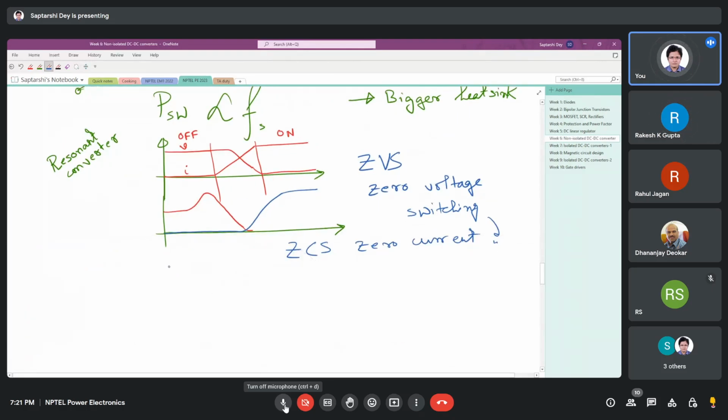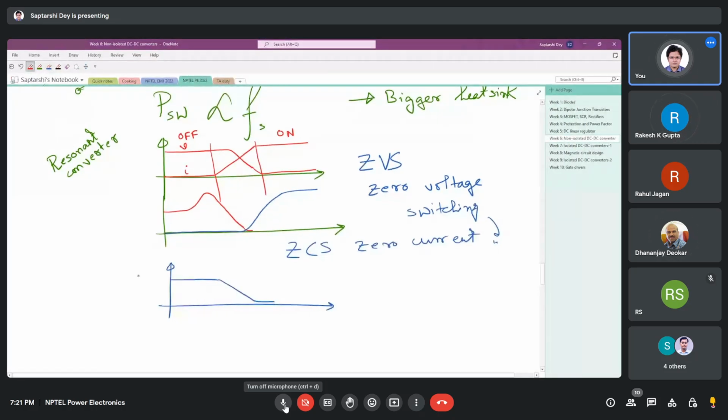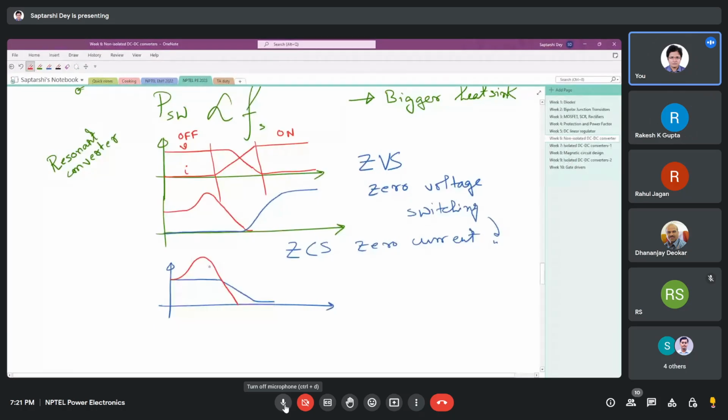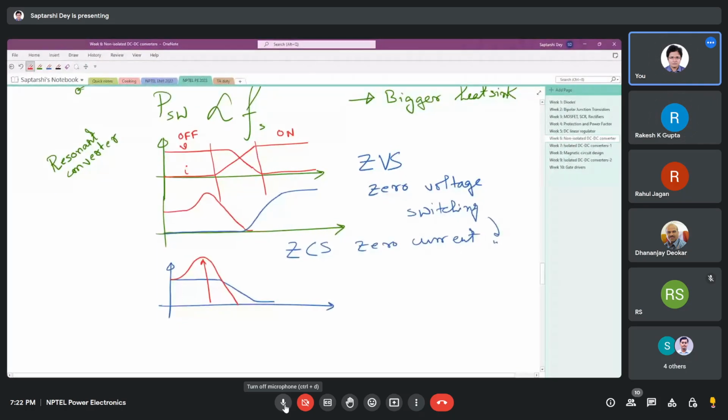Because in zero voltage switching and zero current switching, the current that was previously dropping like this, now we are forcing it to resonate and drop like this. So we are having larger conduction loss. And it is load dependent also.